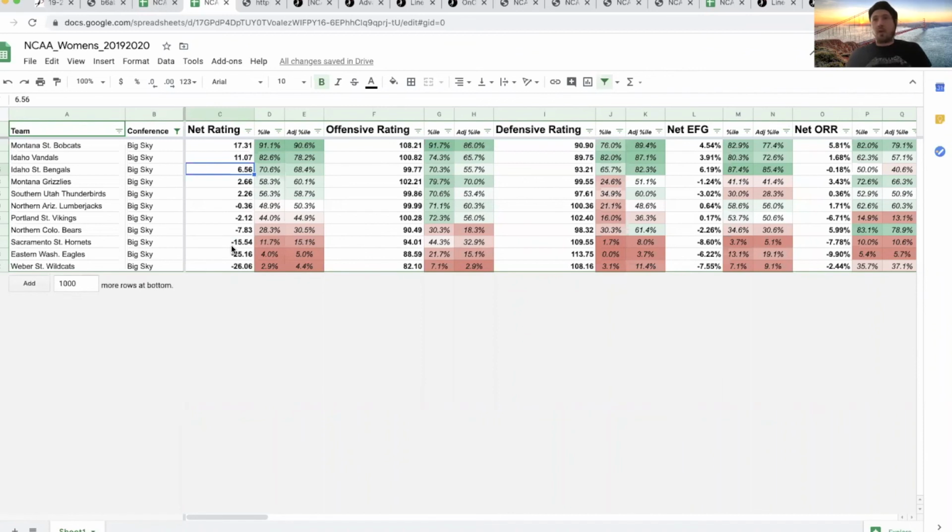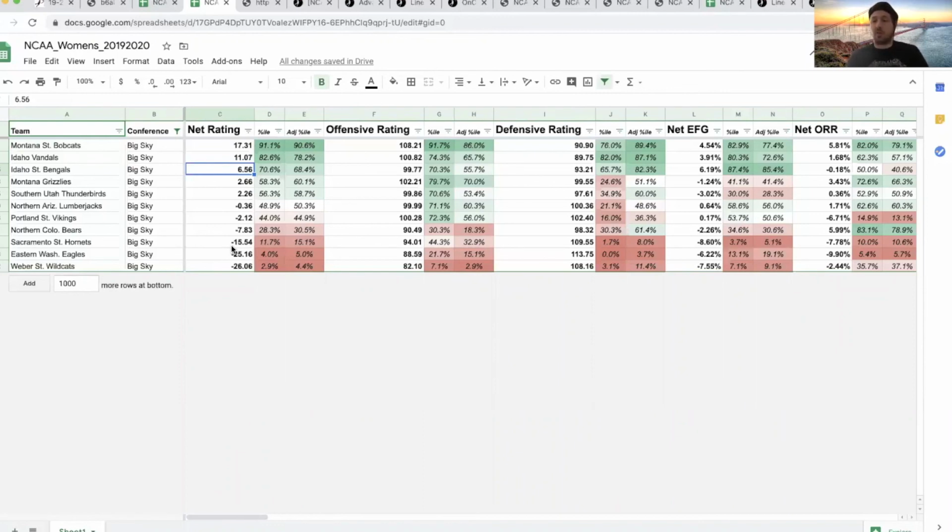Or if you're comparing a handful of teams, you pick out a conference you want to play someone from, or you want to play one of the teams that was ranked 350 through 325 and find the one that's got the highest upside or the lowest upside. Really depends on what your objective is.